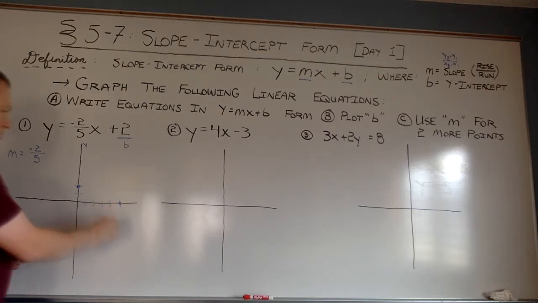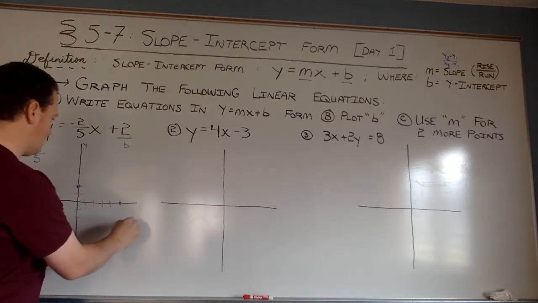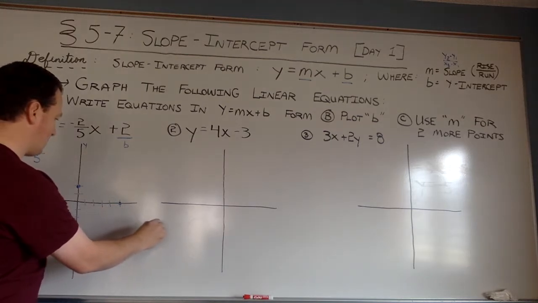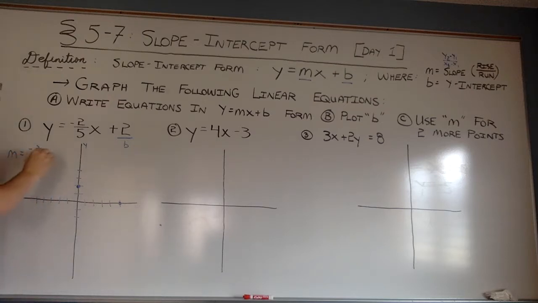I can continue in that pattern, down 1, down 2, and then 1, 2, 3, 4, 5 to the right. Or I can, from this point, go up 1, up 2, and 5 to the left. Because remember, negative 2 over 5 is the same as 2 over negative 5. So I can go up 2 and then 5 to the left.